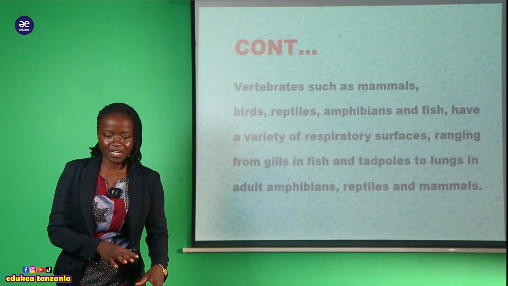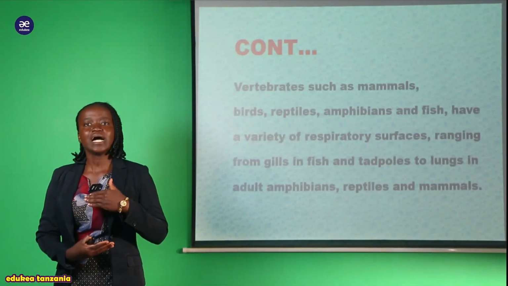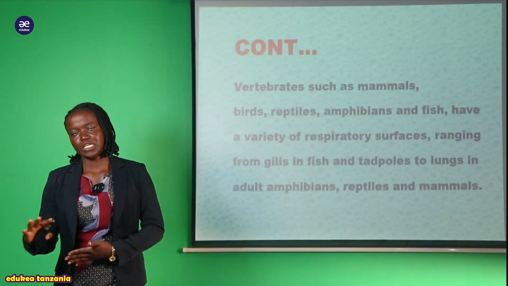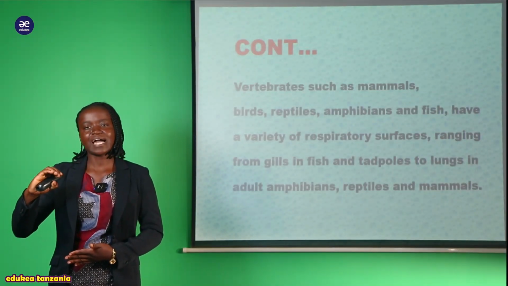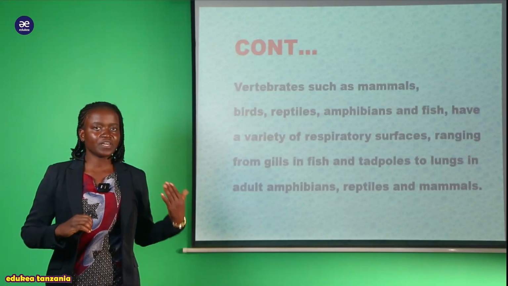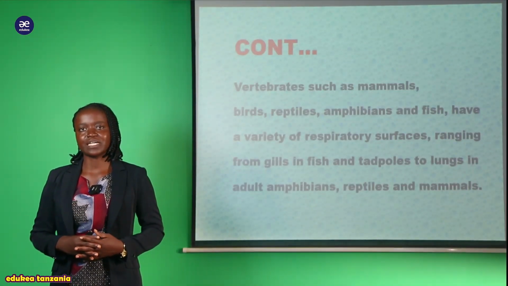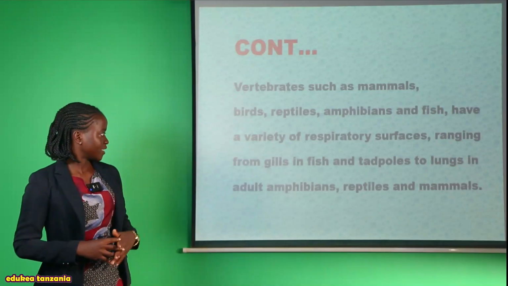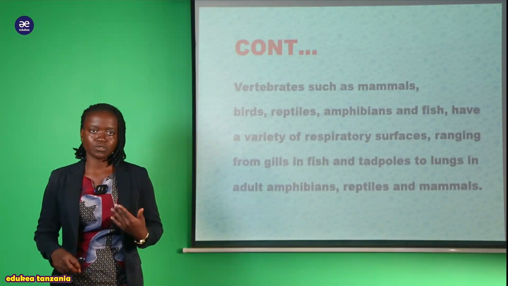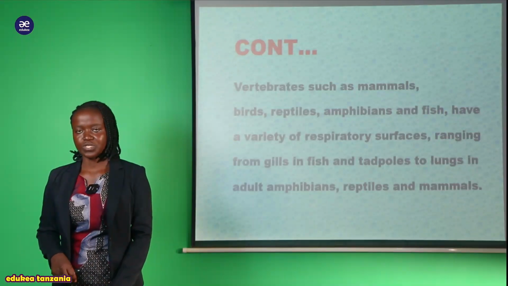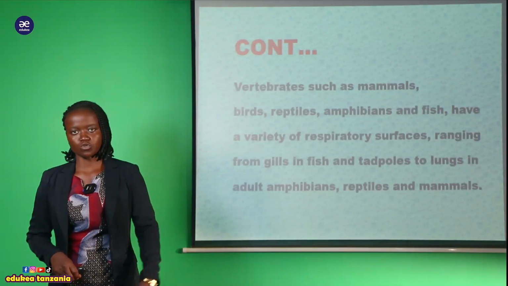These more advanced vertebrates, the mammals, the human being, the monkey, all have well-developed respiratory surfaces. Reptiles also have well-developed ones compared to the birds and so on.